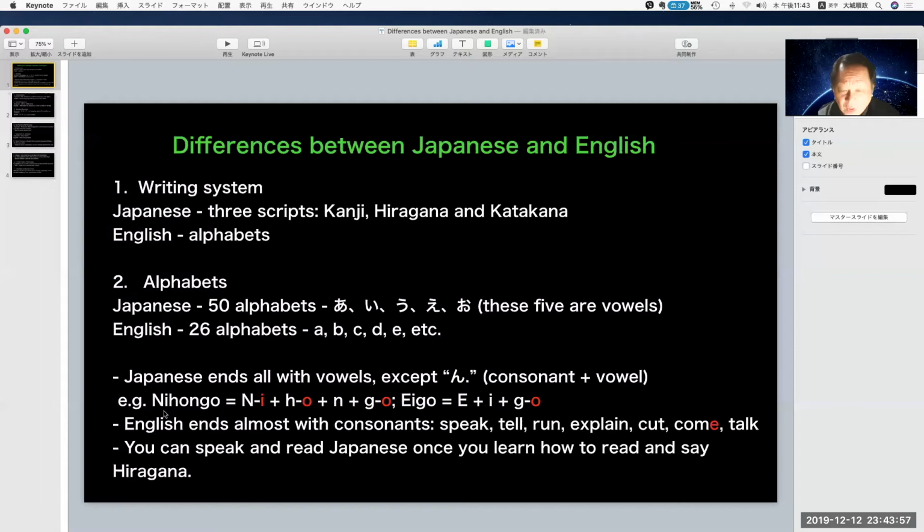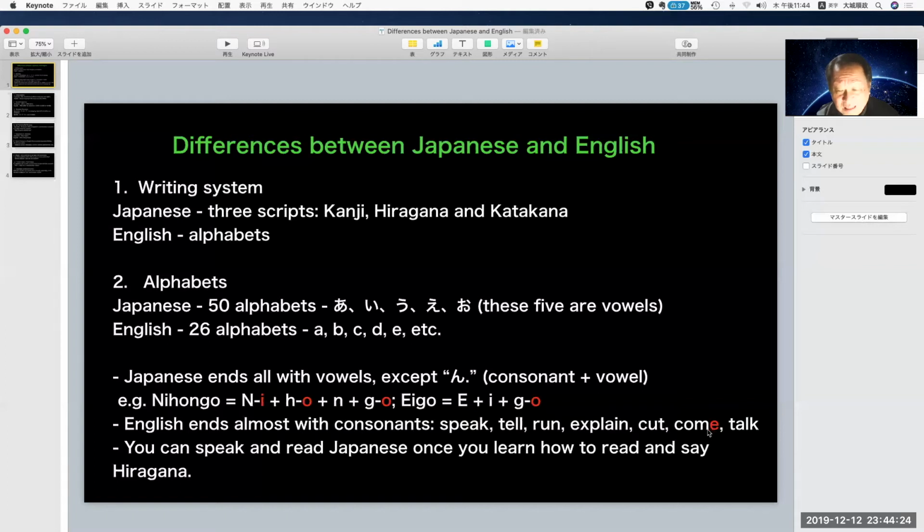And on the other hand, English ends almost always with consonants. For example, speak, K is a consonant, right? Tell, L, run, N, explain, N, cut, T, come. But in this case, normally when you pronounce it, this E sound is not pronounced.